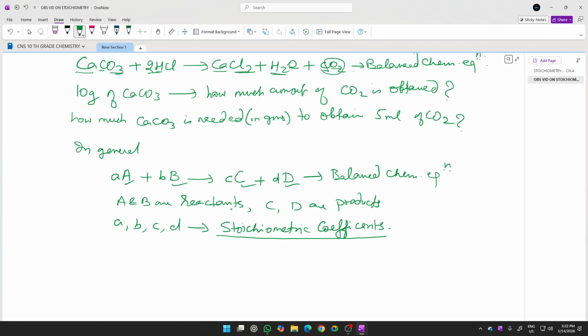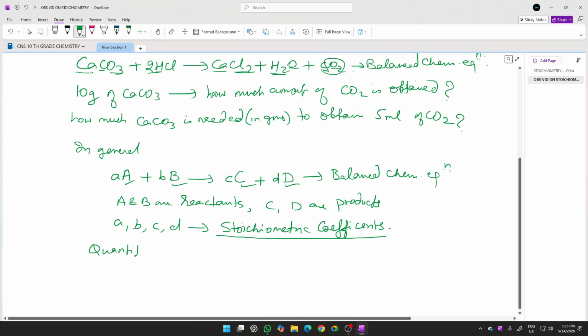Now, quantities, that is of the reactants and the products.